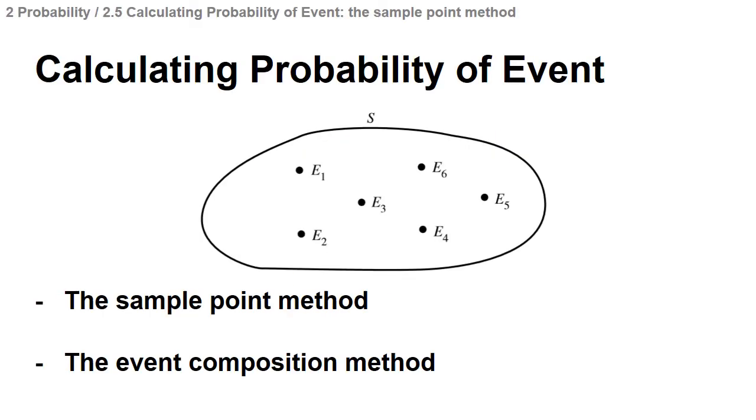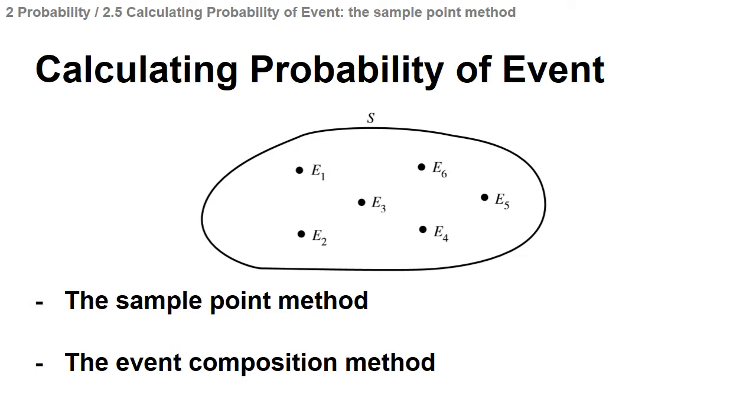Section 2.5 is calculating probability of an event, the sample point method. To calculate the probability of an event, there are two types of methods. The first one is the sample point method, and the other is the event composition method. We are going to learn the event composition method in about Section 2.9.